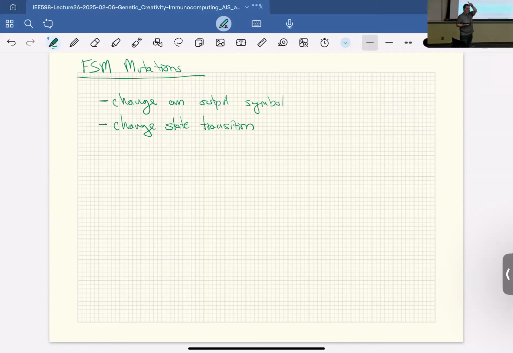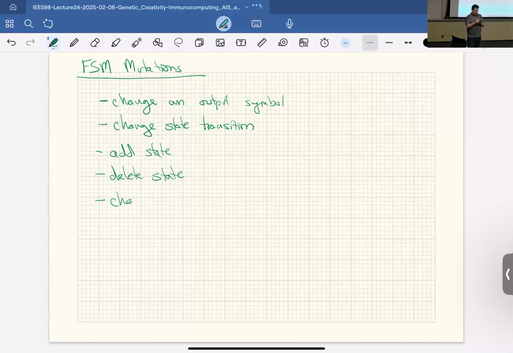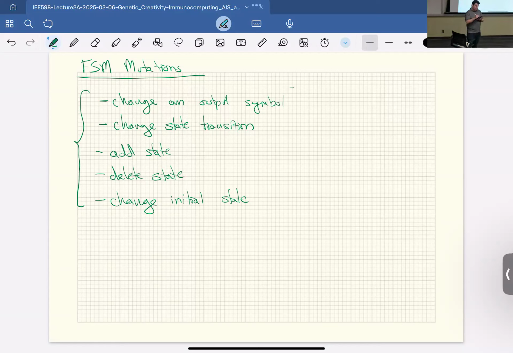So there's no transition from A to C, so I'm just going to add a transition from A to C. We can add a state, so if I start with one state, I could get more and more. We can delete states and their transitions. We can change the initial state. And I think that's pretty much a complete set. And then you can also do more than one mutation at a time.